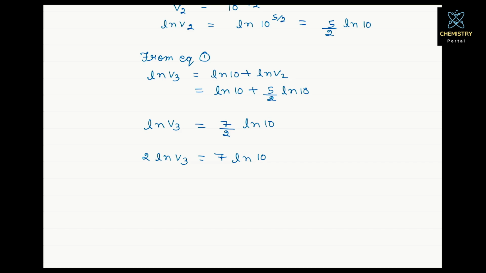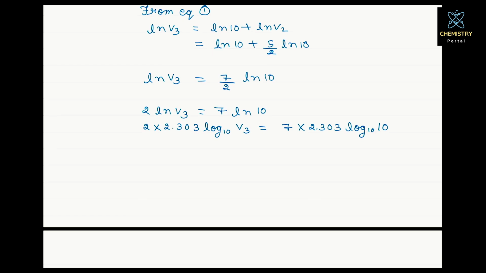How can we change ln into log? ln is 2.303 log base 10. So 2 into 2.303 log base 10 V3 is equal to 7 into 2.303 log base 10 of 10. 2.303 will cancel out.